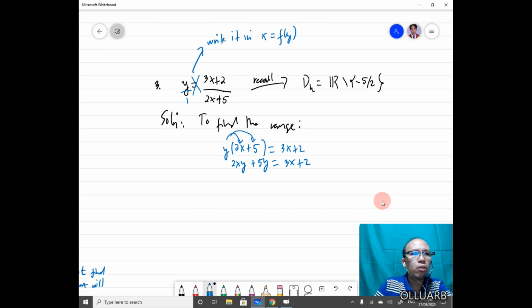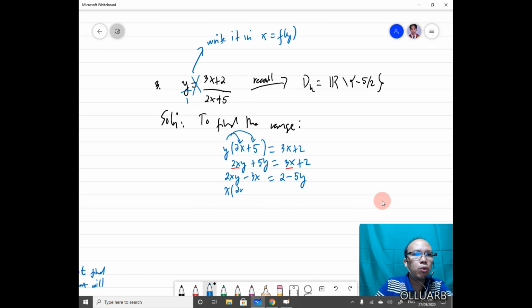And then transfer, or transpose, all the x's to the other side. So we have this one, this, and also this. So minus 3x is equal to 2 minus 5y. Okay, and then factor out x.